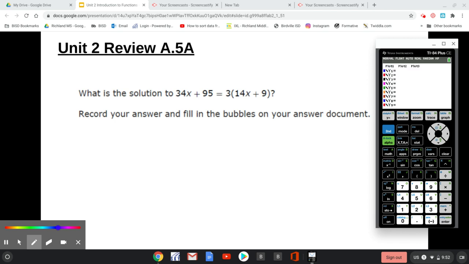Now I'm going to hit y equals and put in 34x plus 95. I'm going to hit enter, and then 3 parenthesis 14x plus 9.